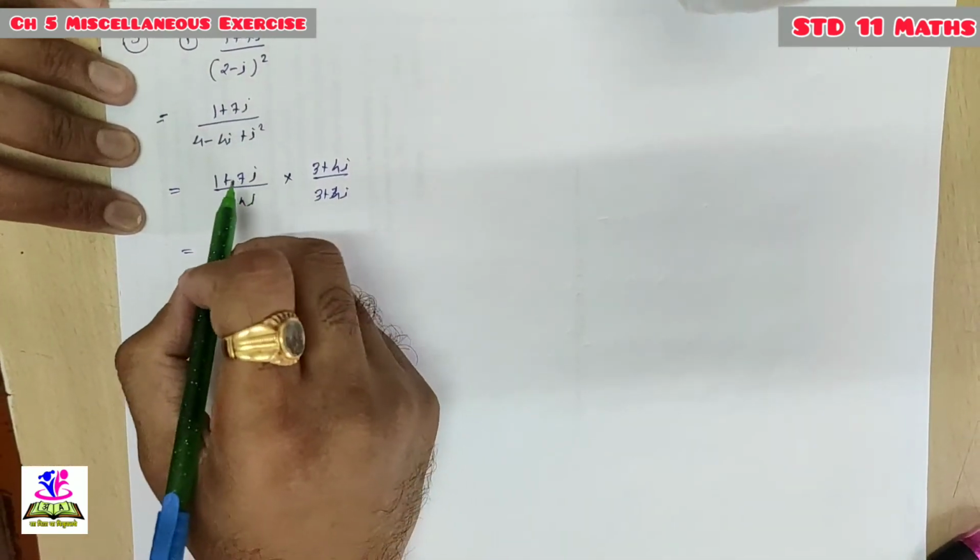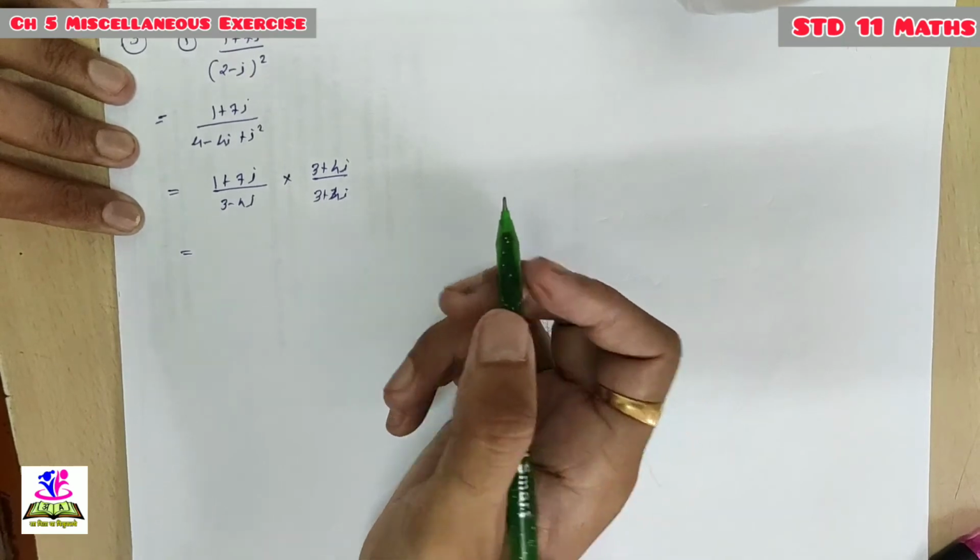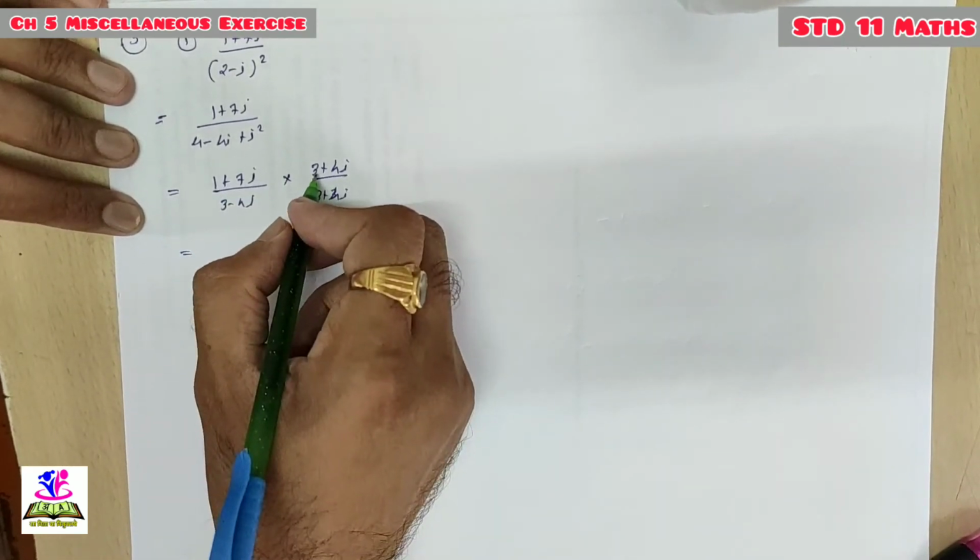Again perform multiplication in numerator and denominator. So (1 plus 7i) into (3 plus 4i).